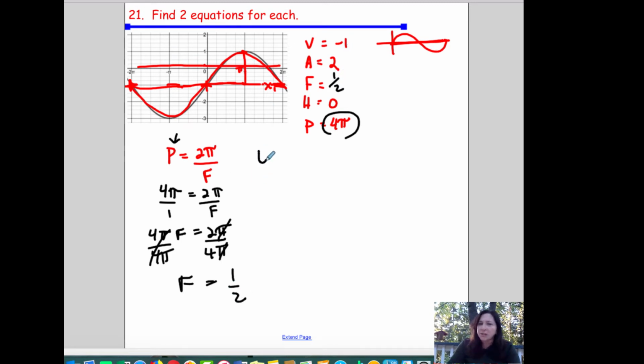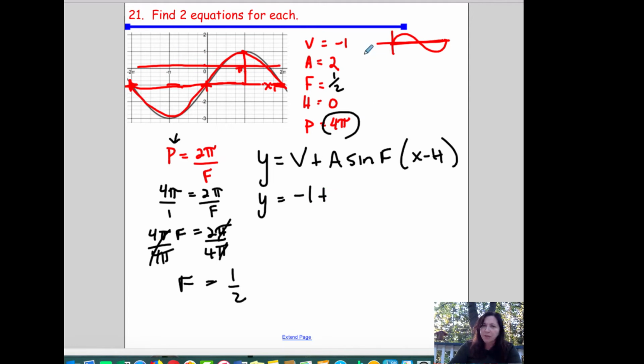My equation for my graph is going to be y equals my vertical shift plus my amplitude times sine or cosine of my frequency times x minus my horizontal shift. So for this graph, y equals my vertical shift, which is -1, plus my amplitude, which is 2, sine of frequency 1/2 times x minus my horizontal shift, which I don't have.